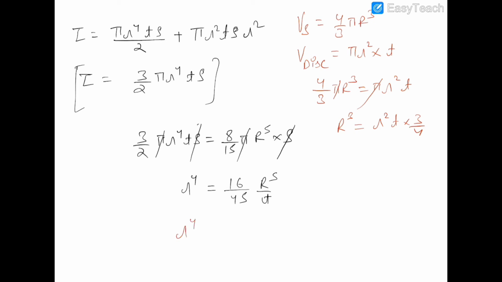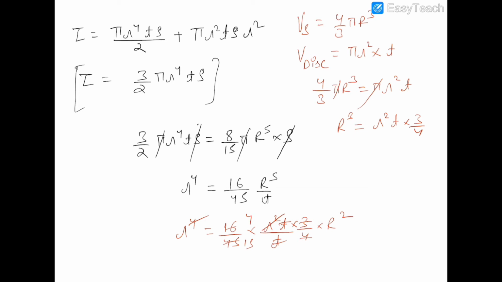So r to the power 4 is equal to 16 by 45 into R cube. R cube is R square t into 3 by 4 divided by t into R to the power 2. So cancelling this R square with R square and t with t, this would be 15 and this would be 4.